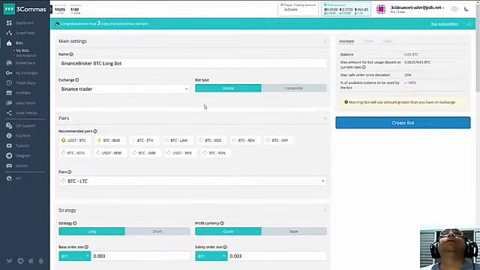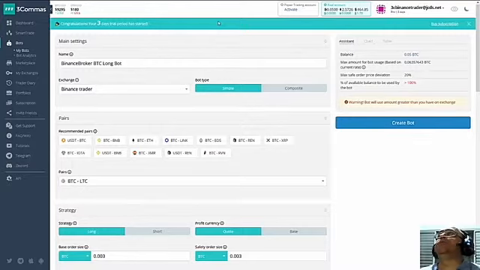Now that I have subscribed to my signals, I can try them by setting up a bot. So 3commas creates a bot for me, so I can adjust my settings before starting trading. One important thing is that 3commas also provides you a paper trading account. So you can use your paper trading account if you want to test strategies, signals and stuff without risking your money.